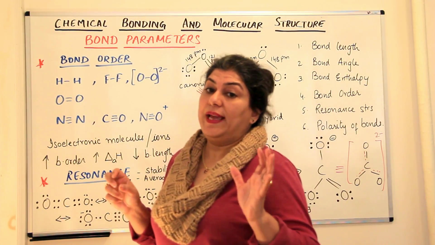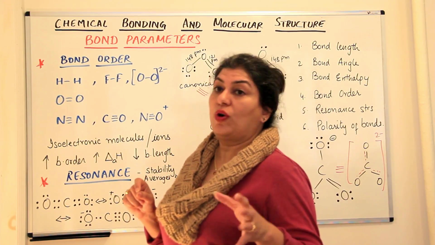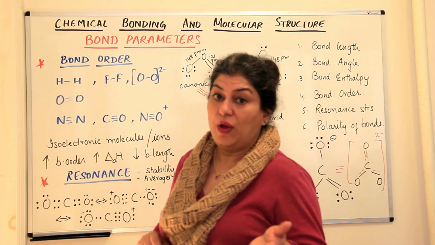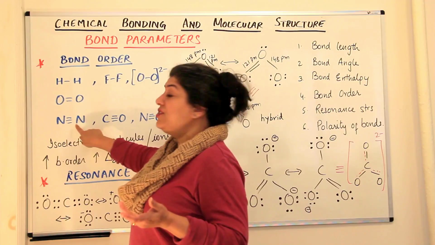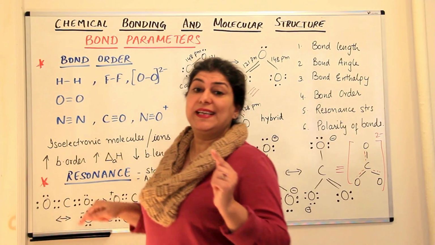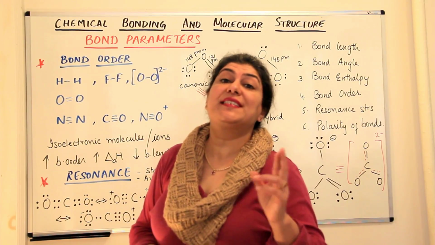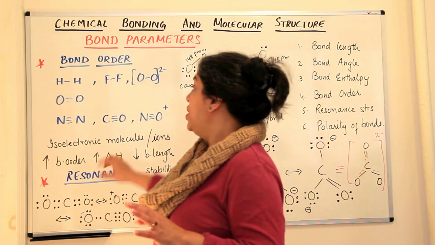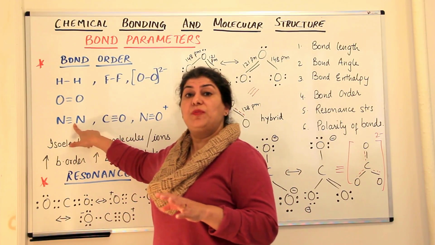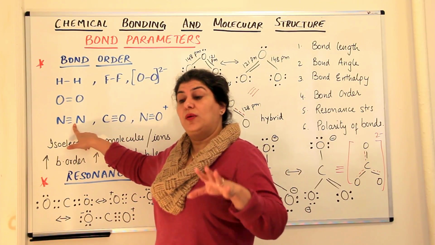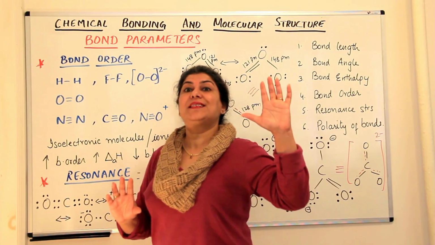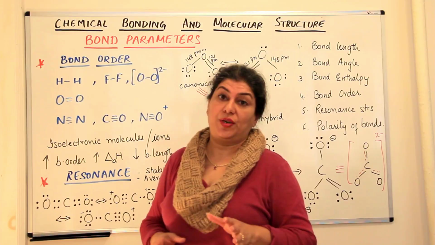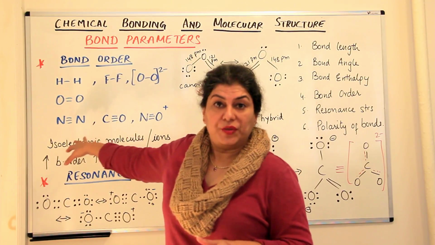So the bond enthalpy of oxygen, or the enthalpy of atomization of oxygen, is 498, and that of N triple bond N is 946 kilojoules per mole. Do you know that the nitrogen molecule is among the molecules which have the highest enthalpy of atomization because of the bond order 3?